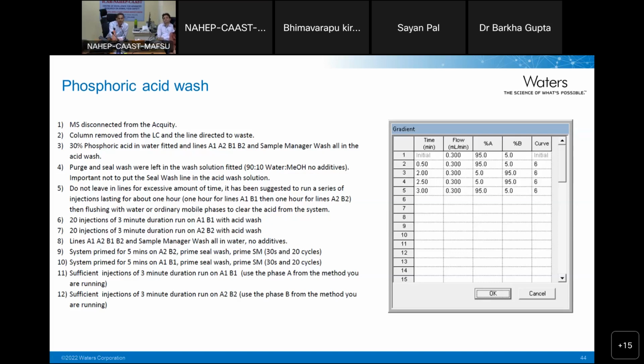You connect the union in between, and the outlet should not be allowed to go to the MS. Since after this wash, phosphoric acid will be difficult to remove, proper water washing is required after you complete this step. Probably you need hours and hours to remove phosphoric acid. Right?